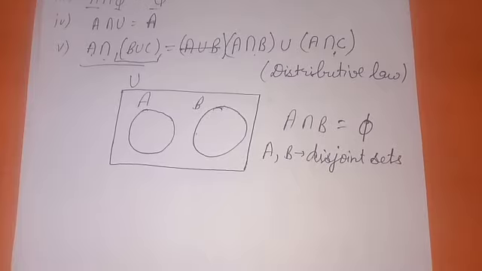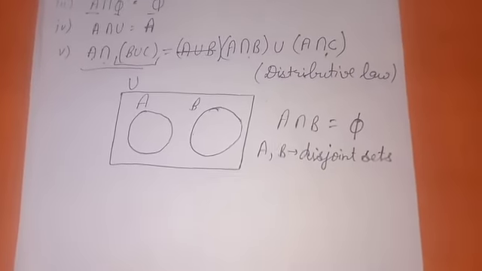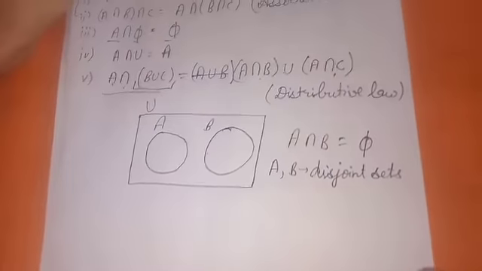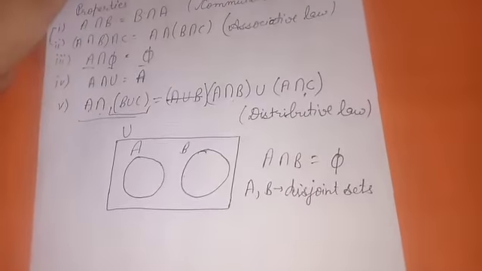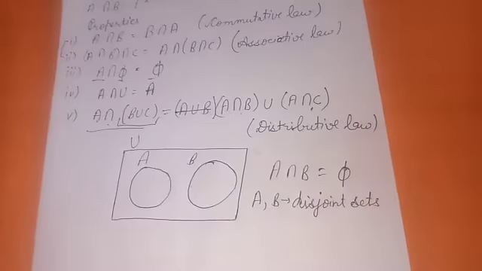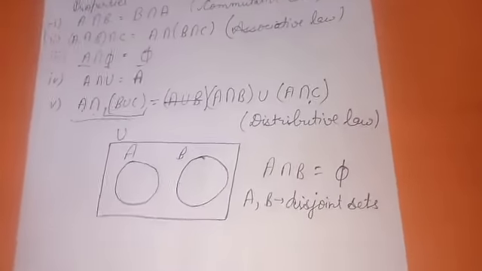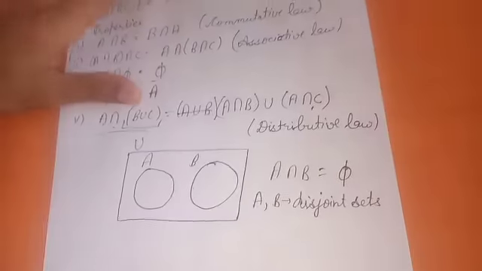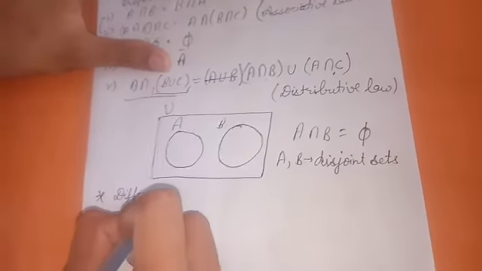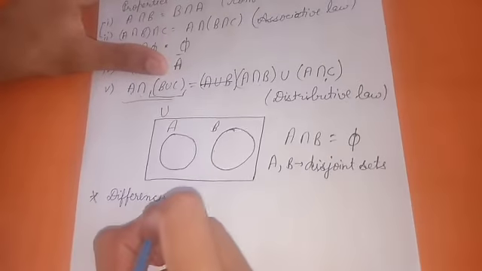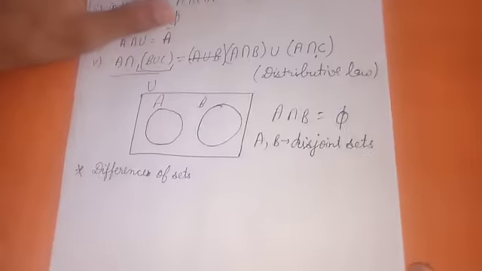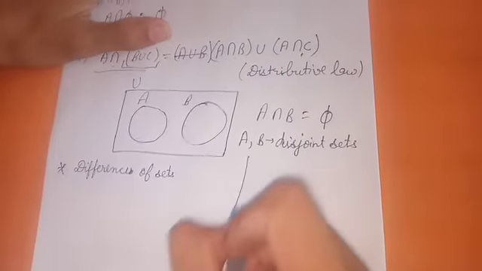Okay, so our last topic of this exercise is difference of sets. In this topic we have to understand a very little point. First of all let me draw a Venn diagram.